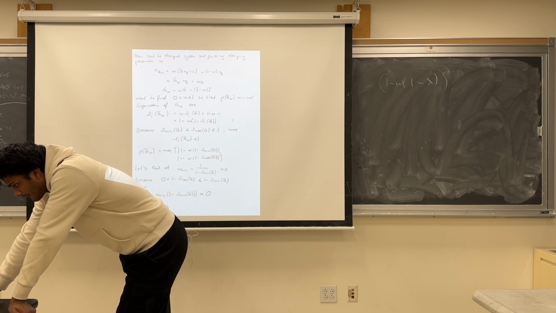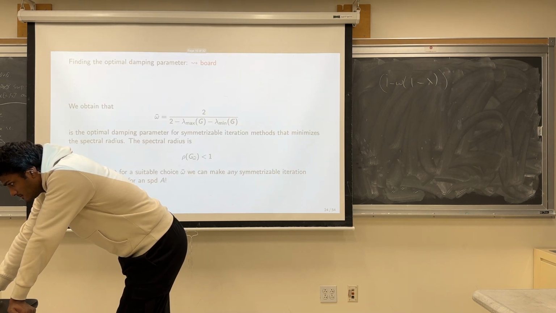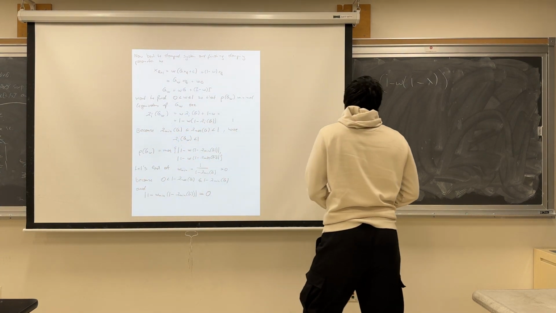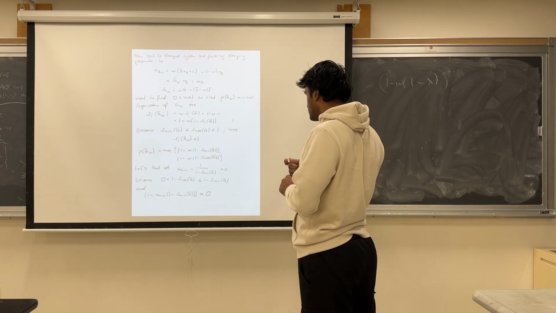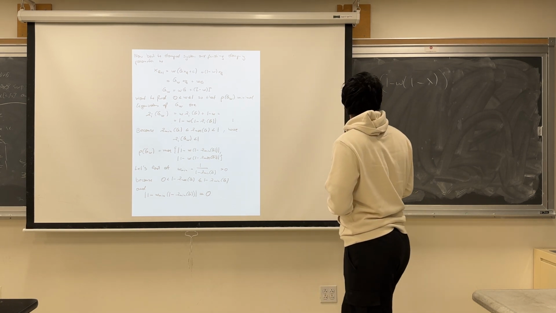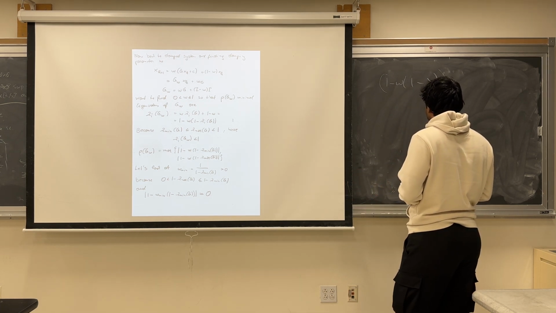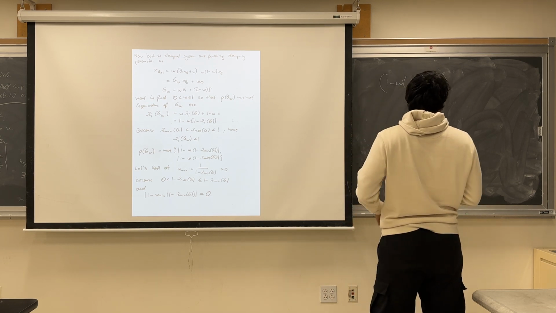What is this? I'm not able to understand. Let me think, I'll be able to get it, no problem. 1 minus omega times 1 minus lambda. These are the eigenvalues of my G omega, right? So given an omega, I look at these eigenvalues.